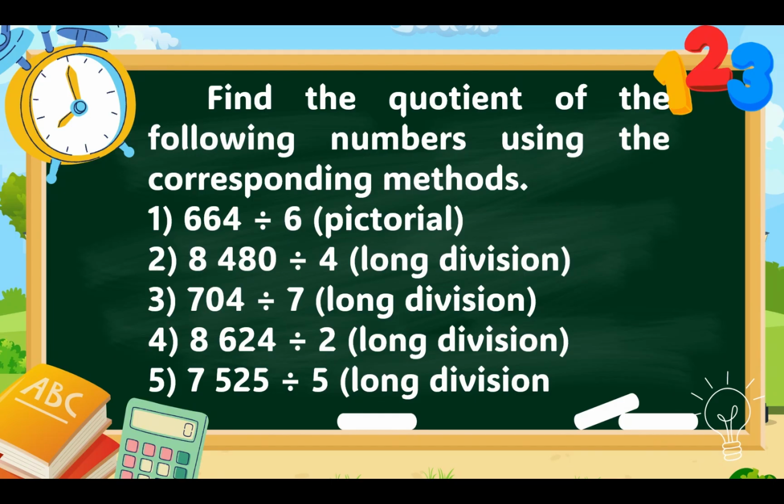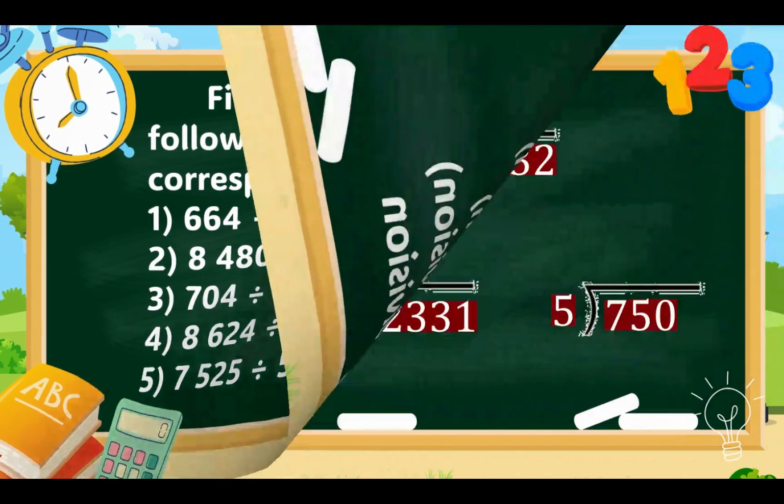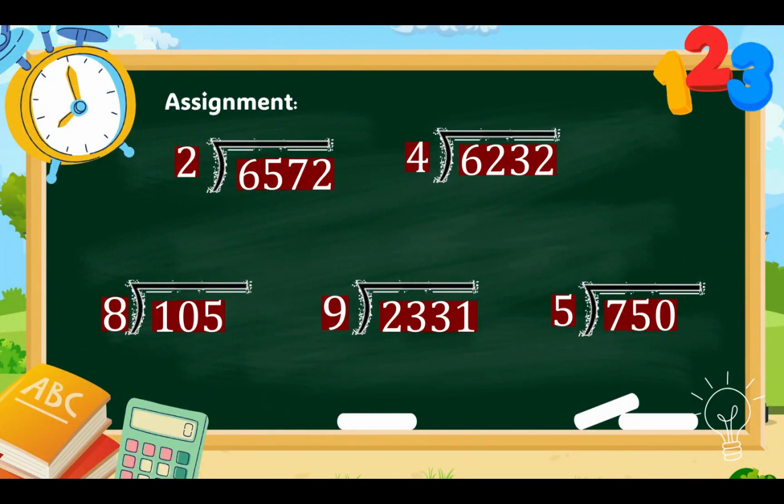Number 4, 8,624 divided by 2. And 5, 7,525 divided by 5. Use long division from 2 to 5. And for your assignment, answer the following numbers using long division.